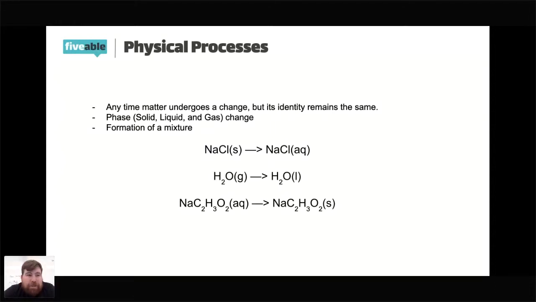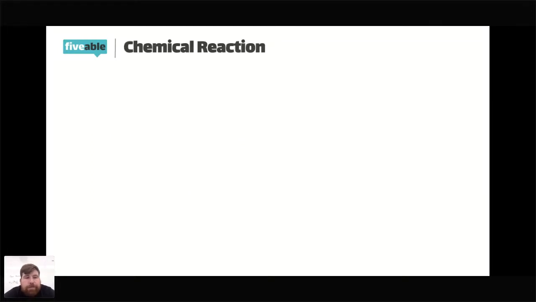For the rest of today, I'm going to focus on chemical reactions. I might come back to physical changes a few times, but really we're looking at how atoms break and form new bonds, which is a chemical reaction. So what are chemical reactions?